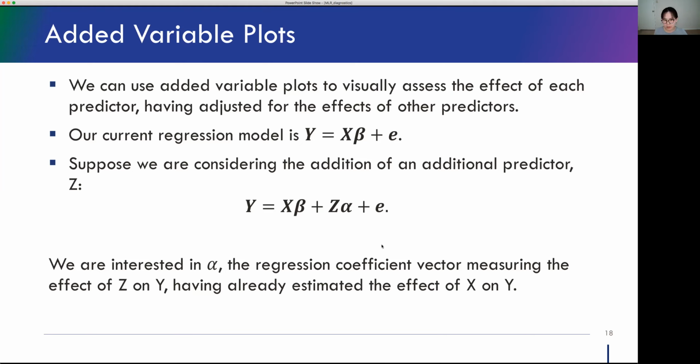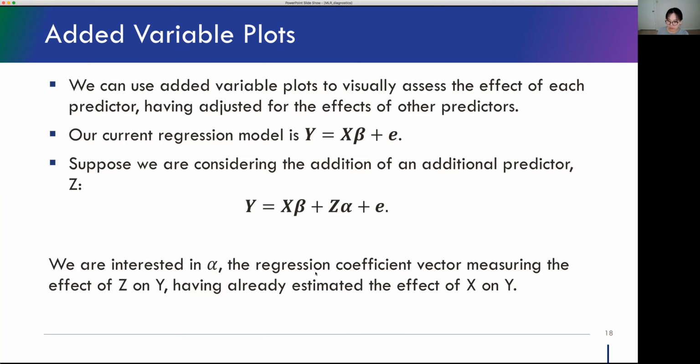Suppose we are considering taking an additional variable z as our predictor for y. So we will have this new model by adding this predictor z. This is like x times beta and z times alpha, and we're interested in estimating this alpha.